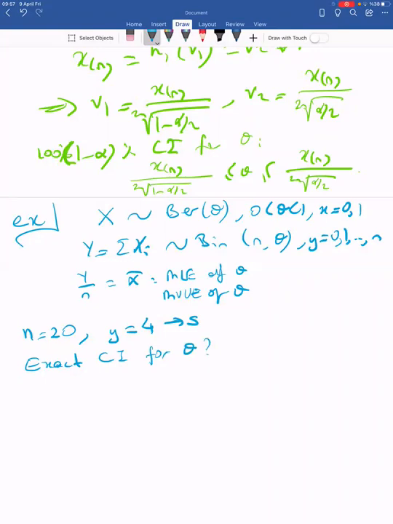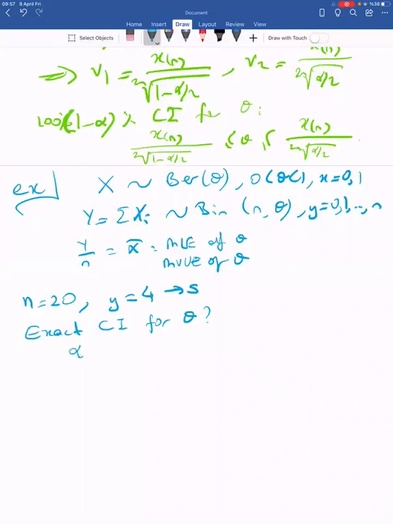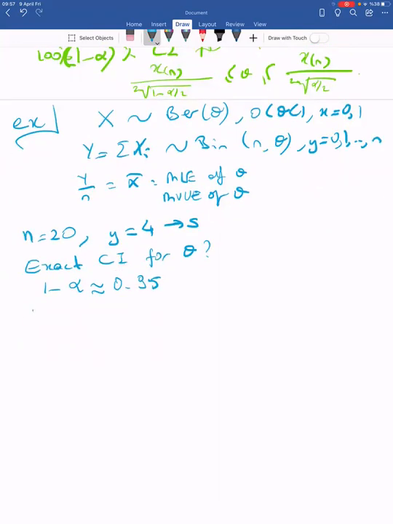We already found the asymptotic distributions. So we want that 1 minus alpha here is close to 0.95. So we know that we cannot get exactly 95%. So what we will do, we will use two equal probabilities again, and we want that these are about, not exactly, 0.025, and then we will find the probability that our sufficient statistic is less than or equal to y, which is 4, we observe, and then from here we get v2.